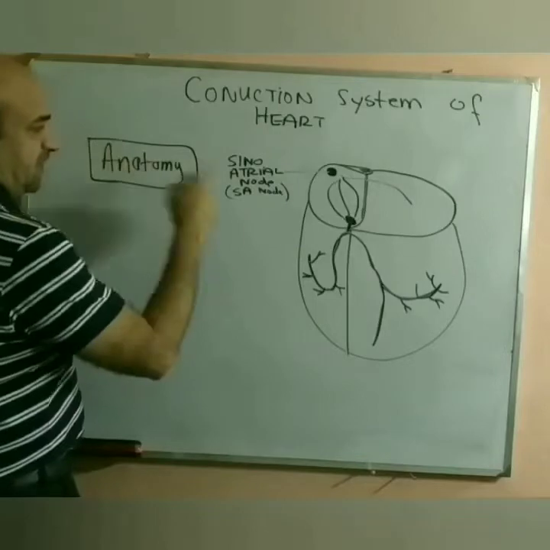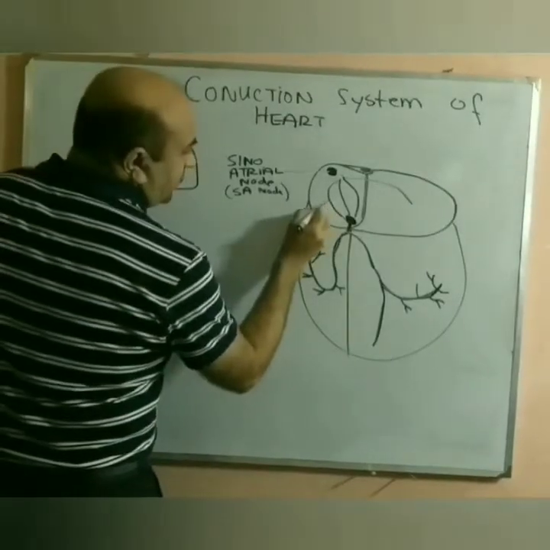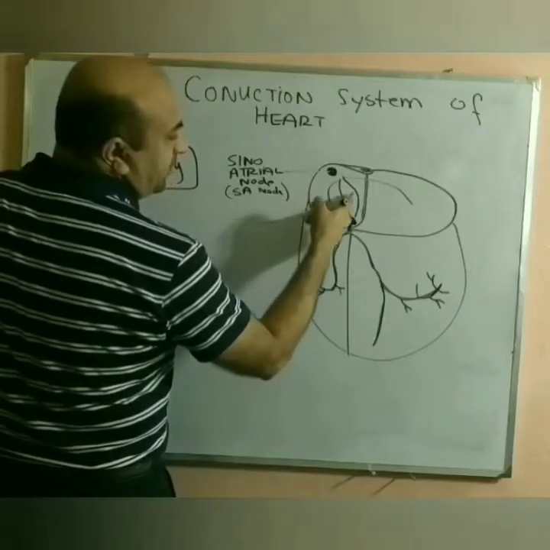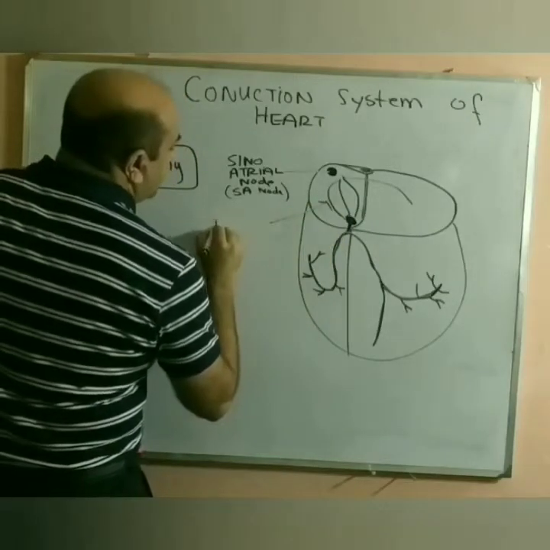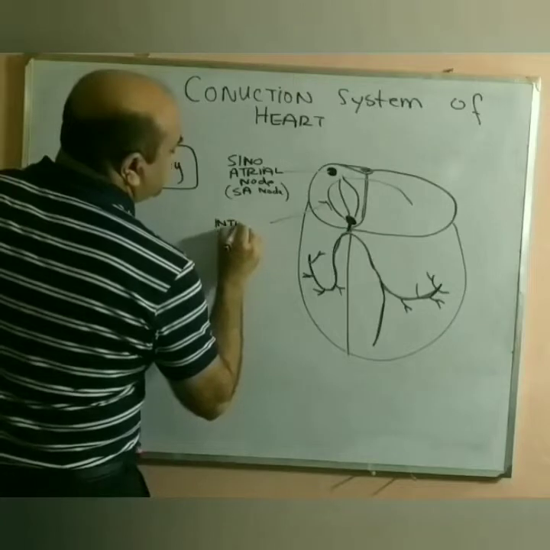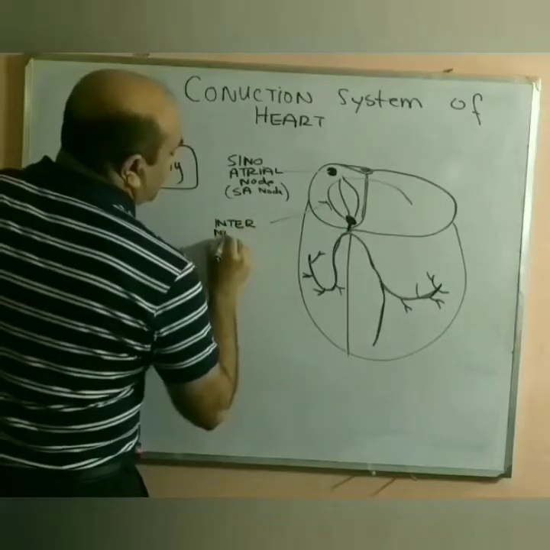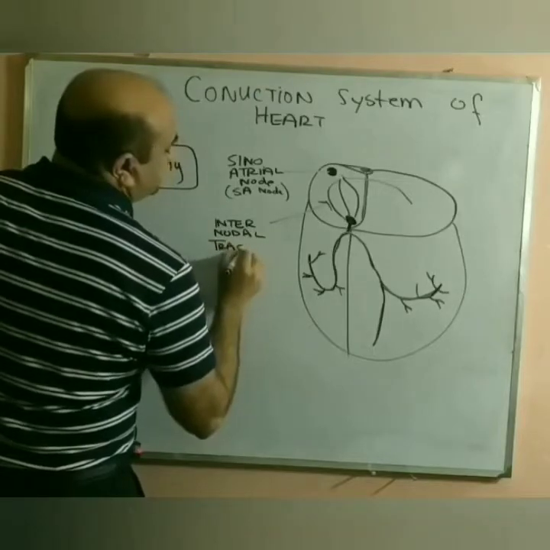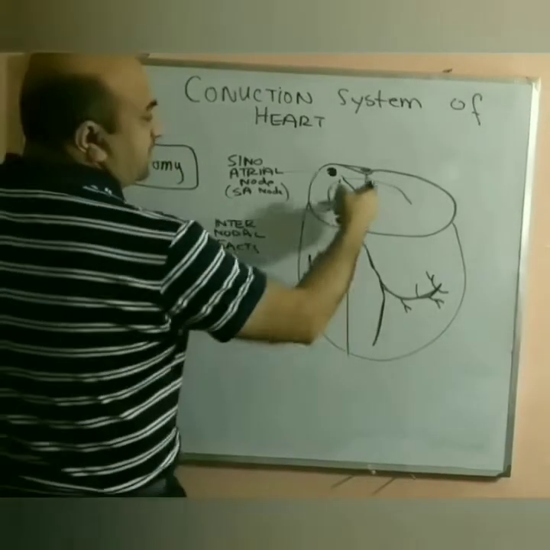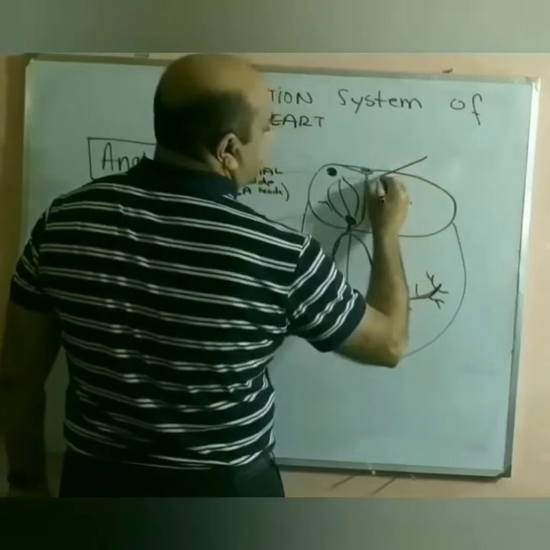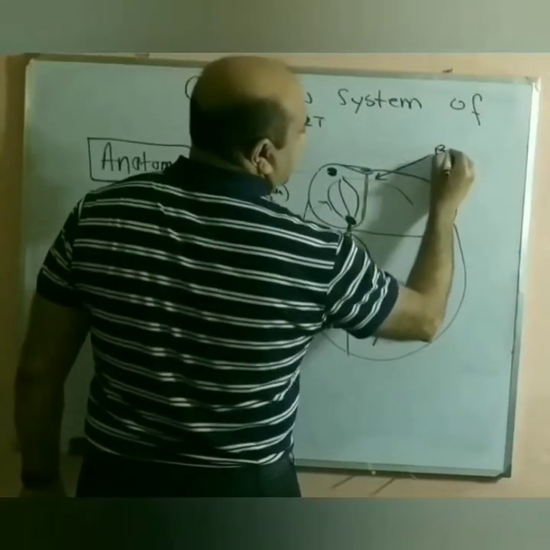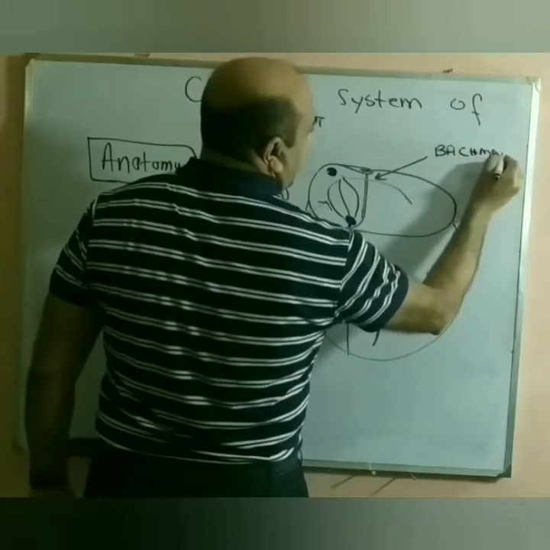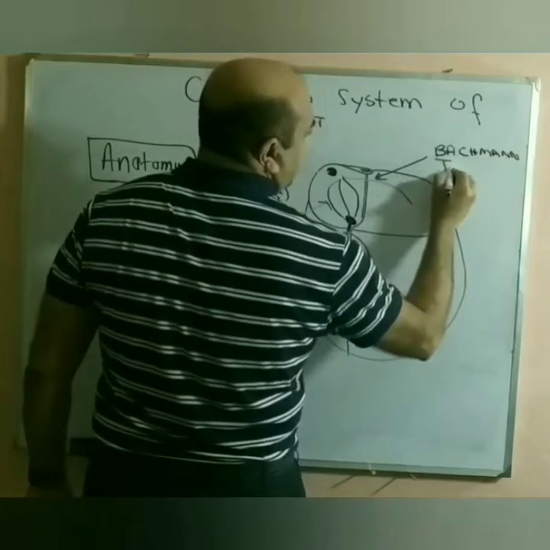This is SA node. These are internodal tracts. This is the posterior, middle and anterior internodal tracts. And this is a Bachmann tract.